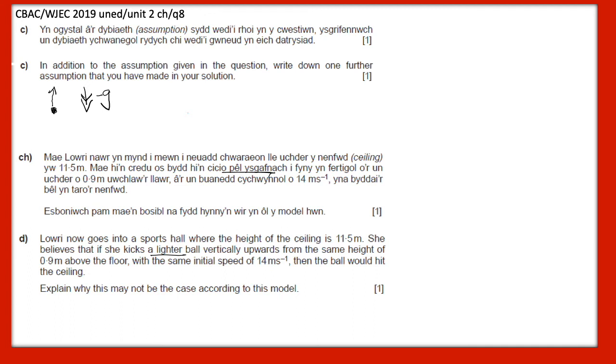According to this theoretical model, there's nowhere in this particular setup for the mass to come into play. So the fact that it's lighter means that if she kicks it at 14 meters per second, it will stop at 10.9 meters again, regardless of where she's doing it. Just a little bit of bonus material, as it were, for this question.